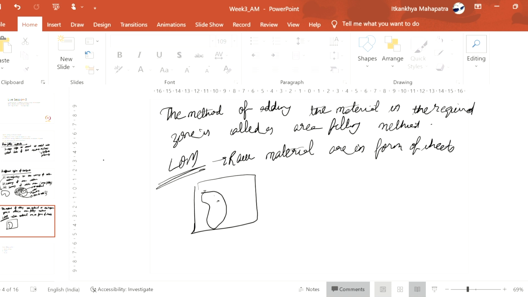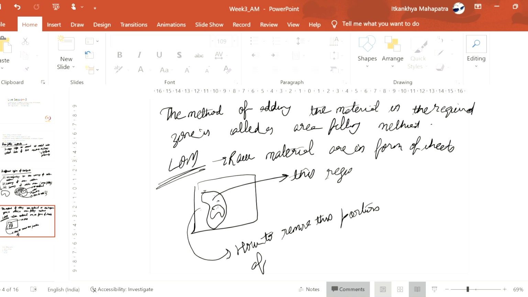Now we have to remove this portion. This is the part, outer boundary, inner boundary. This region is with material, and this region with material will also be separated out. So how to remove the portion after completion of the part?